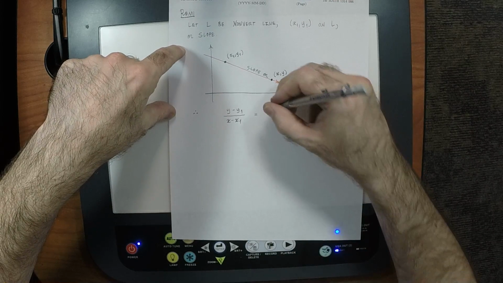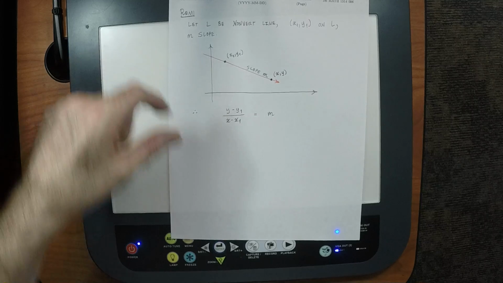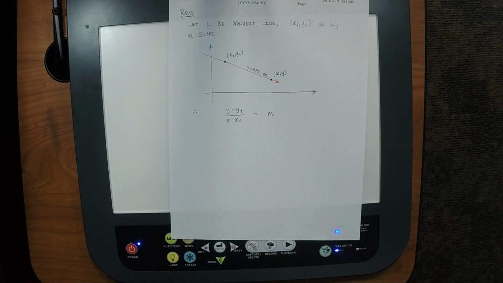Has to be equal to m. And that's true for any xy that's not x1, y1.